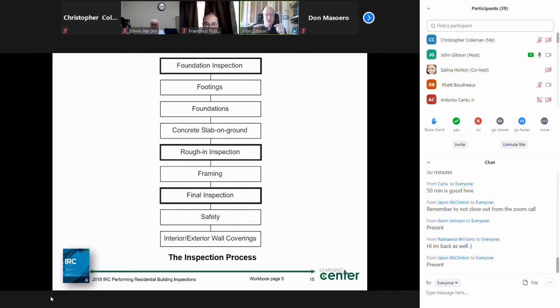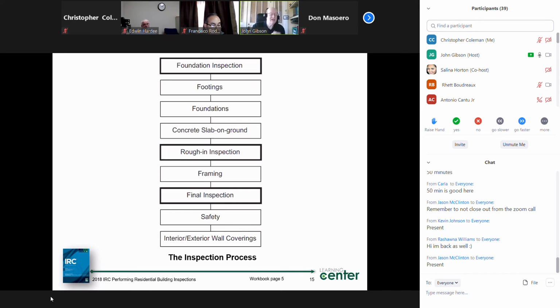So don't, first off, get hung up too much over the language here. It's only used in the workbook in context of trying to get you to what part of the phase of construction are we talking about. That's the sole purpose of it. You won't find those breakdowns in code itself.